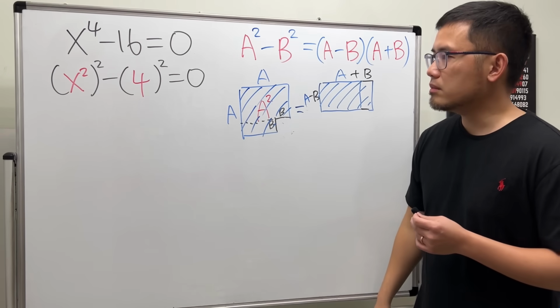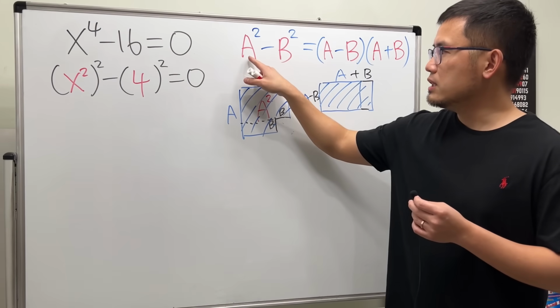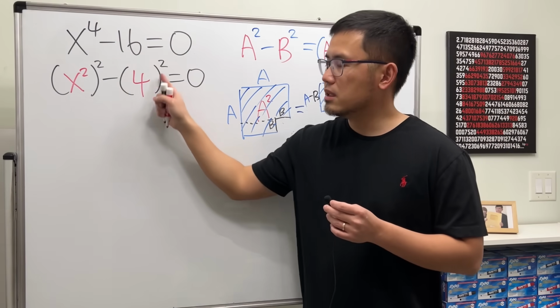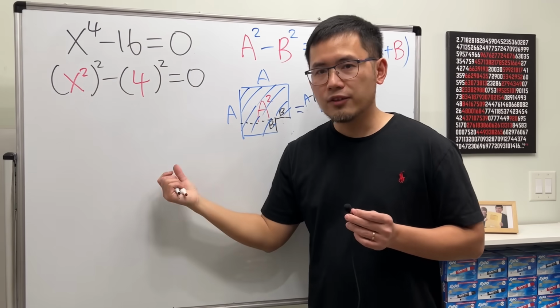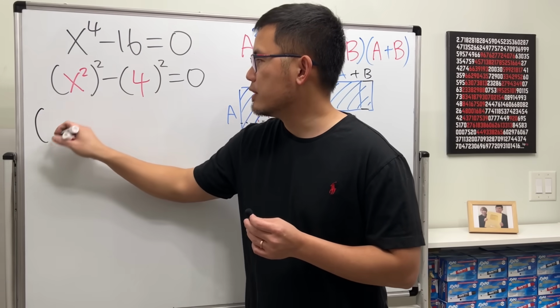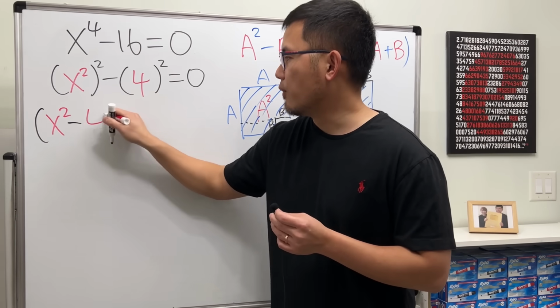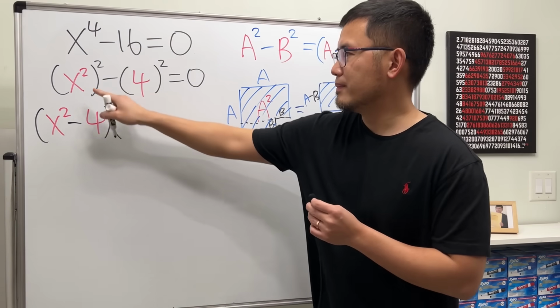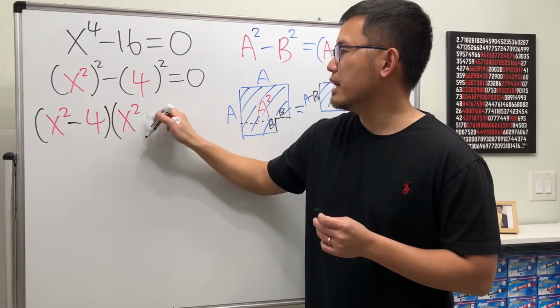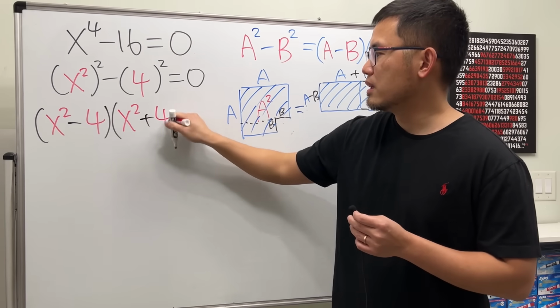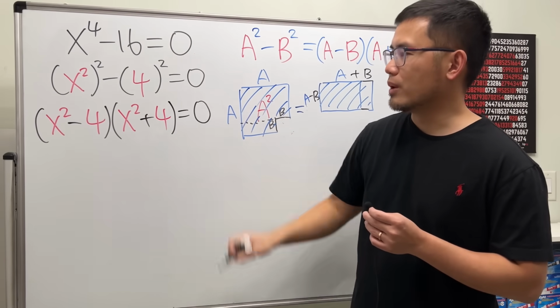You can try it if you have a negative here and then apply the formula, you still end up with the same thing. So now, here we see that the a is the x squared and the b is the 4. Apply the formula, factor it, we will first get x squared minus 4, times x squared plus 4, and that is equal to 0.